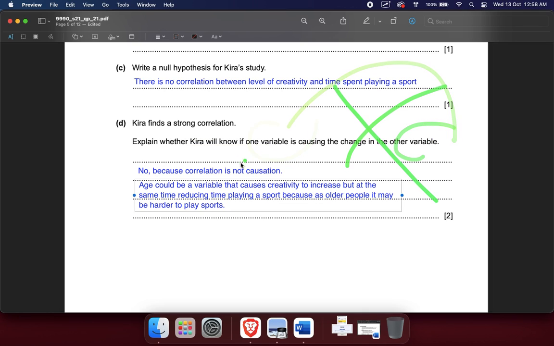No, no way, because correlation is not causation. In order to establish causation, you need to do a laboratory experiment and remove all other variables, keep them constant, and then you can tell whether or not one variable is causing another one to change.